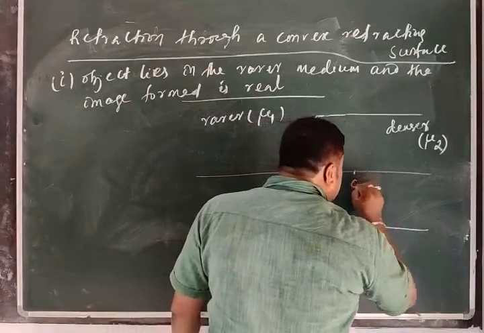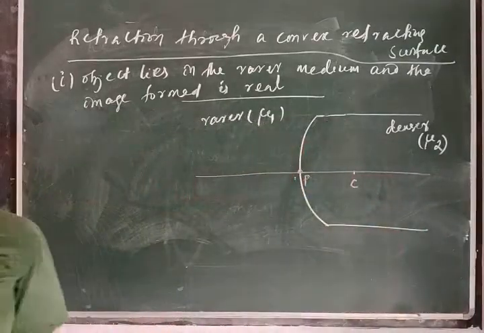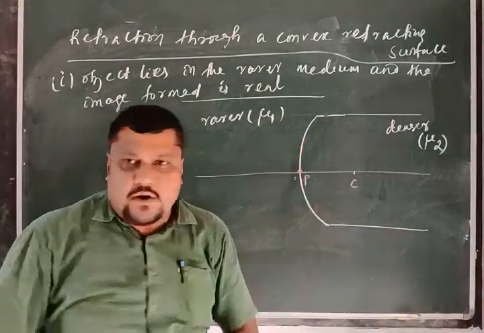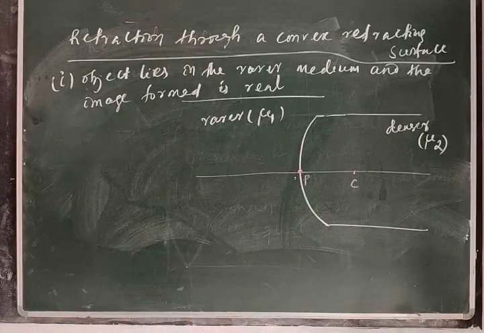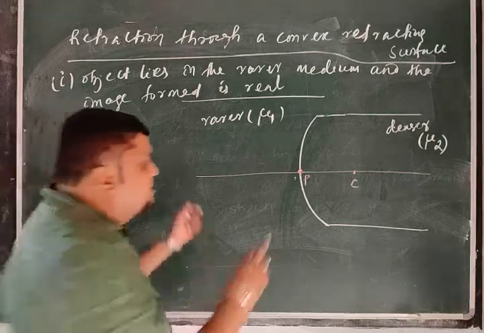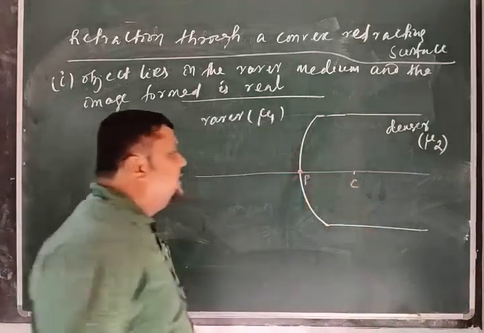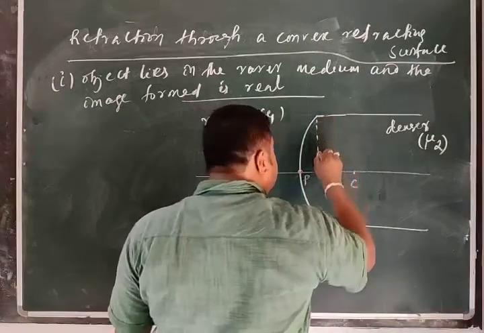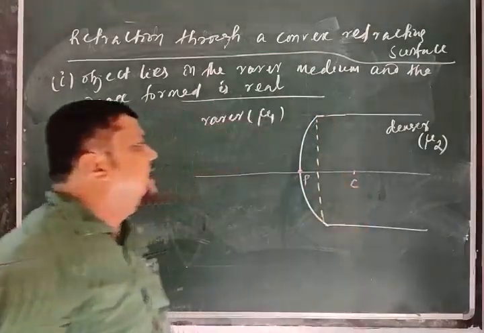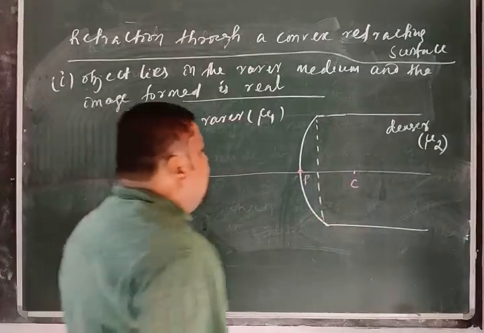Let this one be the center of curvature, C is the center of curvature. P to C, that distance is your radius of curvature. And this is the aperture.